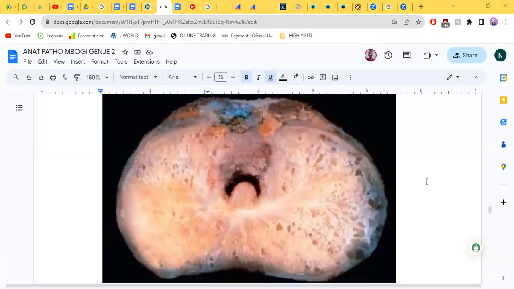So as we look at this picture, can we give some gross morphological features of the picture shown? Maybe we can describe what we can see. So for me, I can see some areas which look yellowish. I can see a cavity in the middle of the organ.